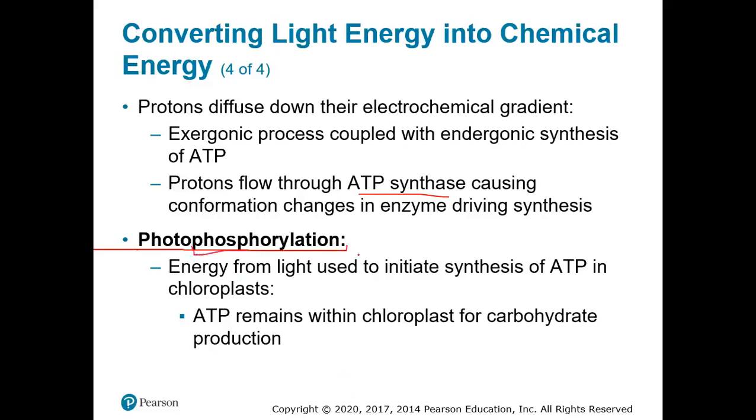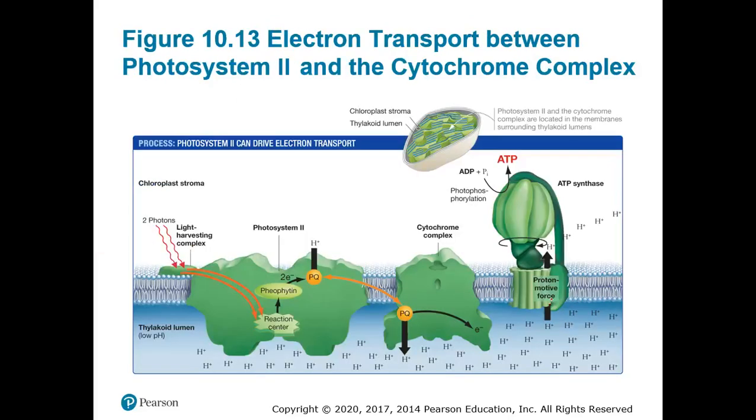Addition of a phosphate group, so we're popping on a phosphate to ADP, adenosine diphosphate, in order to make ATP. But what's doing it is light energy. Photophosphorylation. So that's what this process is. Photophosphorylation to create ATP in our chloroplasts.